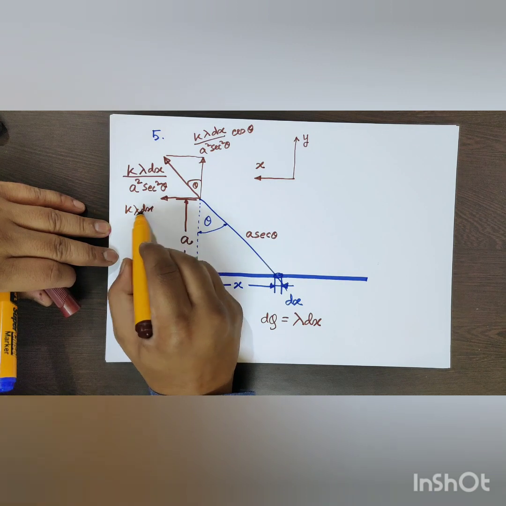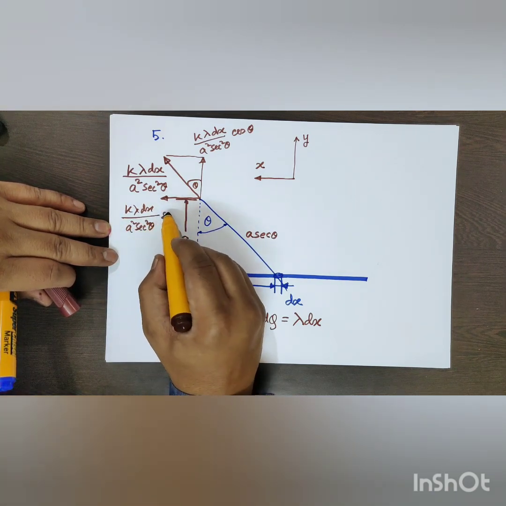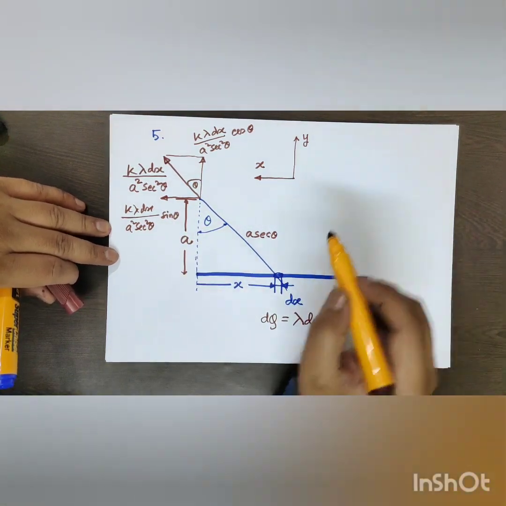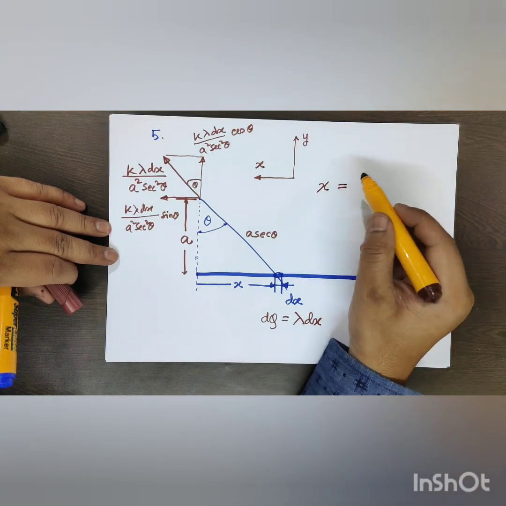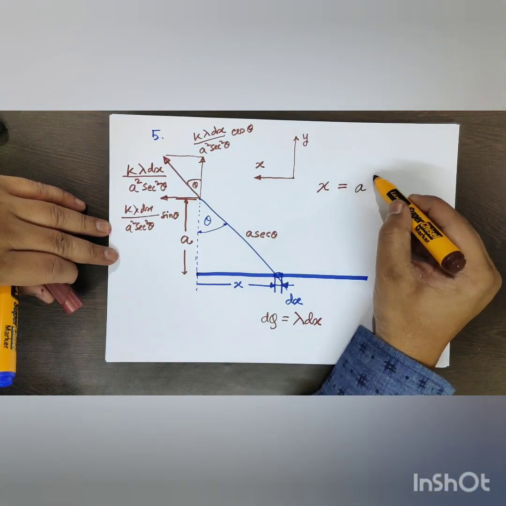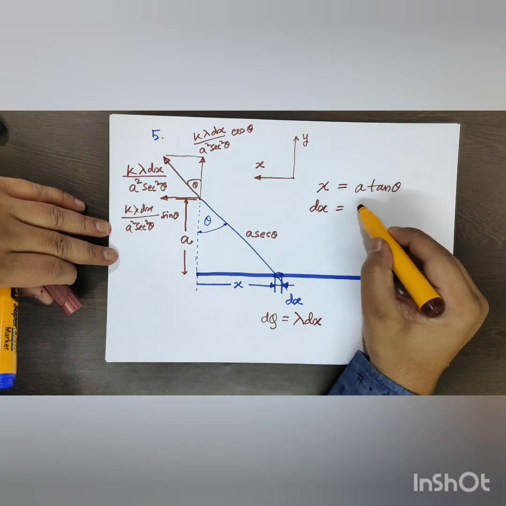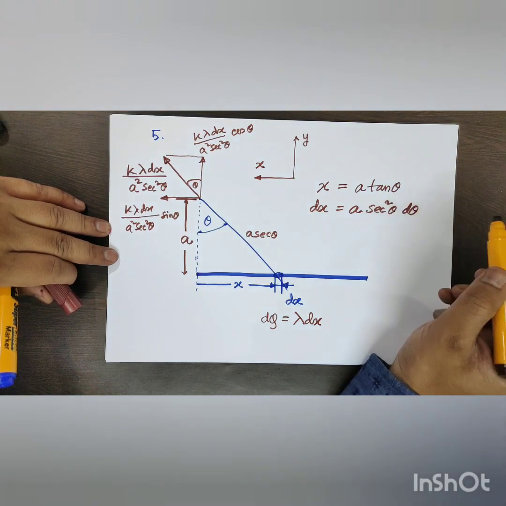K lambda dx by a square sec square theta times sine theta. By the way, x also we can write x equal to a tan theta, so dx is a times sec square theta d theta.